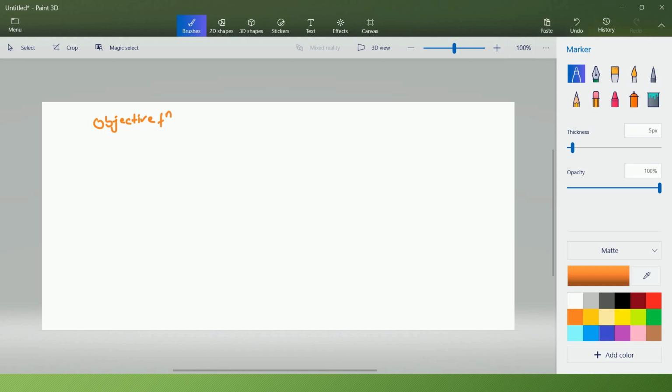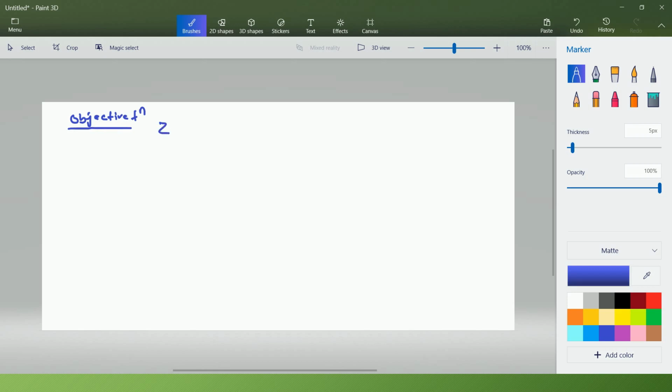Let me change the color. Blue looks good actually. Objective function.